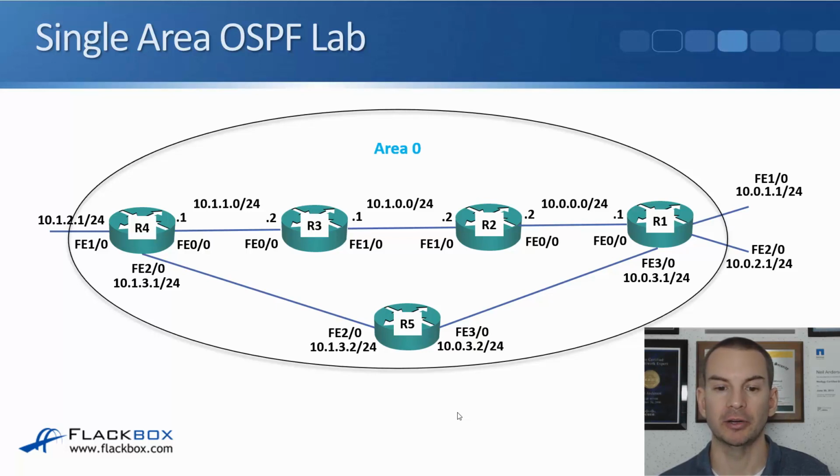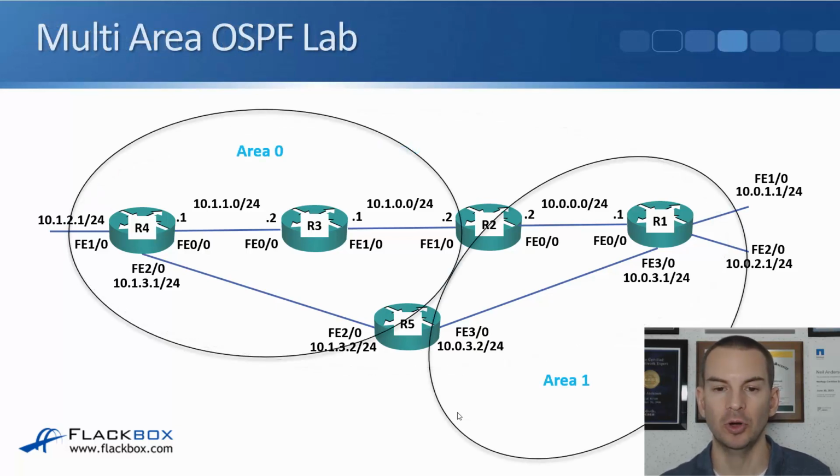All of their interfaces are in IP subnets that begin with 10, and previously all the routers were in area 0. Let's say our network has been growing and we want to convert it to a multi-area network. We're going to have the same physical topology, but rather than having all of the interfaces in area 0, we're going to segment it into an area 0 and an area 1.